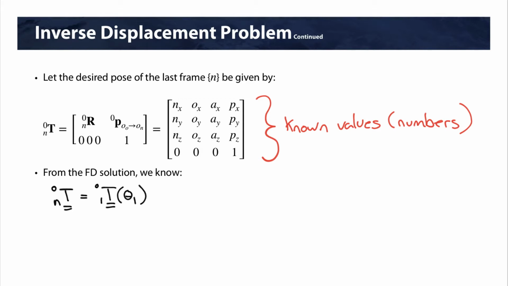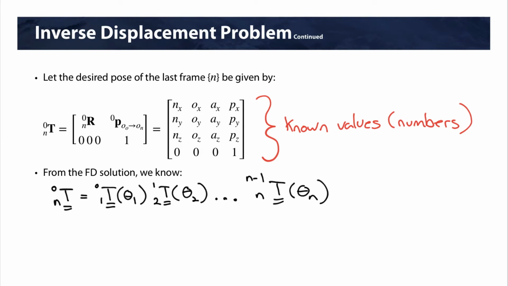Here we're assuming joint 1 is a revolute joint. Then T2 with respect to 1, and then we multiply them all up to the last transform that describes frame n with respect to n minus 1, which is also a function of the joint variable. Again, here we're assuming a revolute joint, but it could also be a prismatic joint, and in that case it would be dn as our variable.